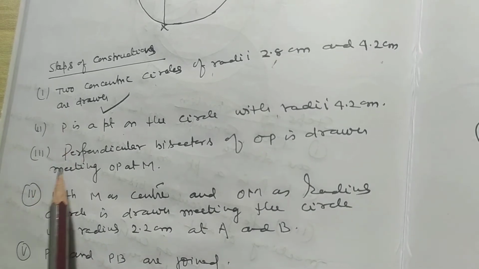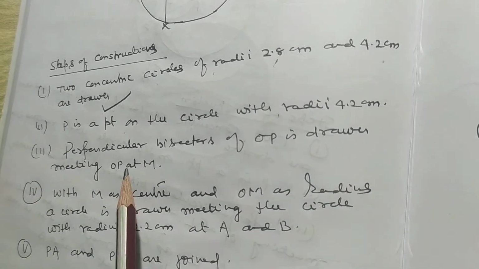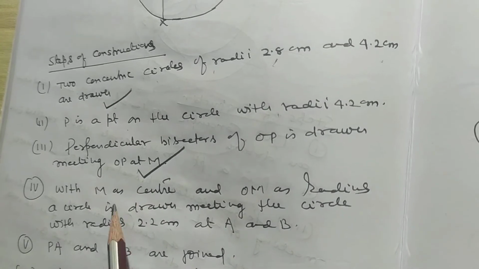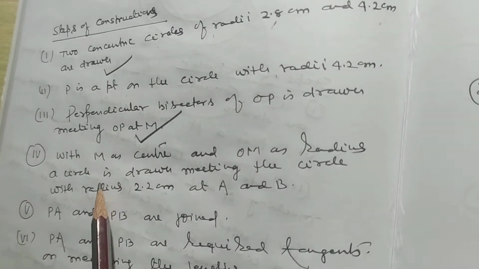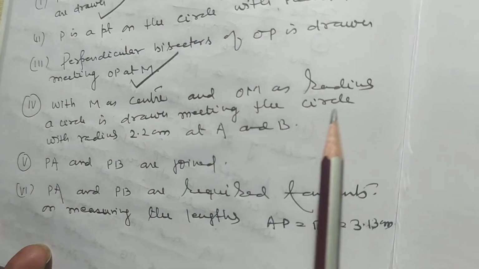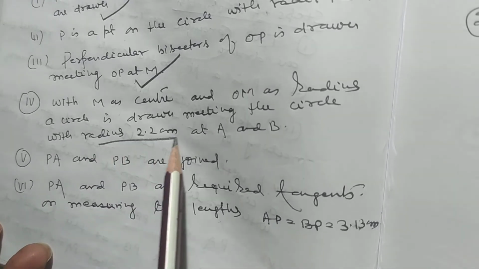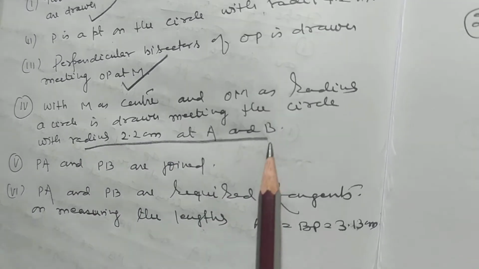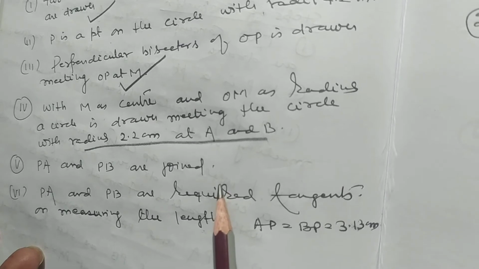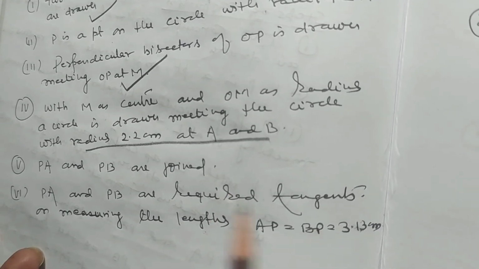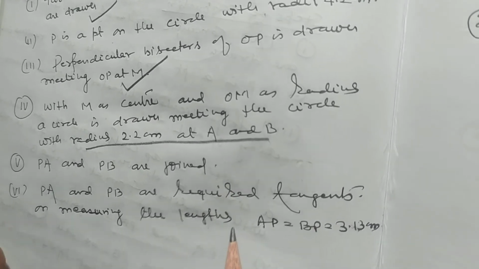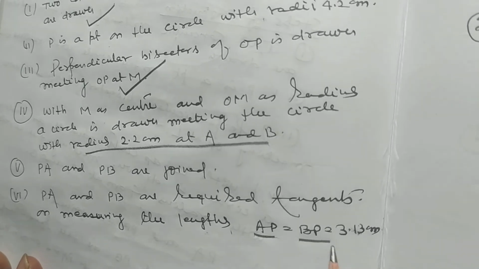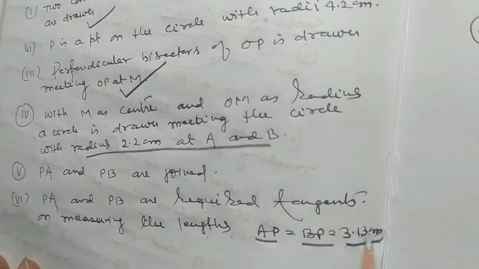The perpendicular bisector of OP is drawn meeting OP at M. With M as center and OM as radius, a circle is drawn meeting the circle with radius 2.8 centimeter at A and B. PA and PB are joined. PA and PB are the required tangents. On measuring the lengths, AP is equal to BP is equal to 3.13 centimeter.